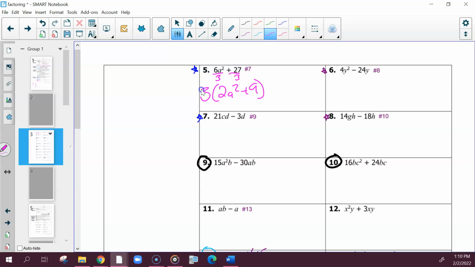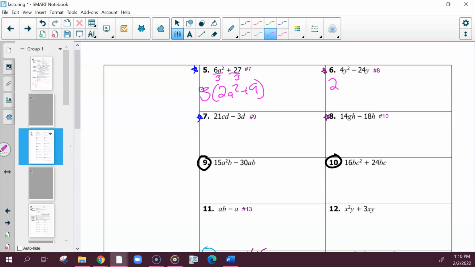Let's do 6. What is a number I can take out of both of these? 4. Now, let's say we forgot about 4, and I know these are both even, so I could divide by 2. We're going to end up with 4, but let's say we forgot about it, because sometimes that happens.